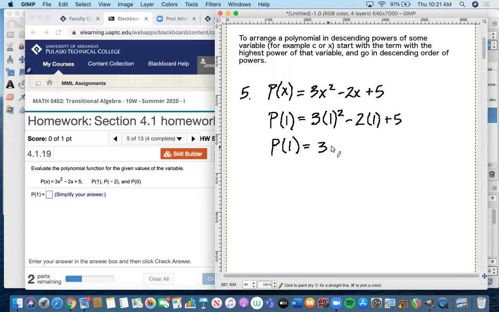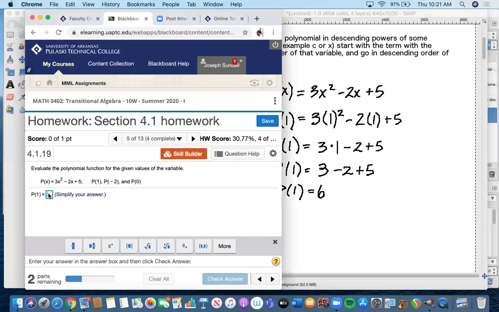This becomes just 3 times 1 minus 2 times 1 is 2 plus 5. So 3 times 1 is 3. So it's 3 minus 2 plus 5. 3 minus 2 is 1. 1 plus 5 is 6. So p of 1 is equal to 6. That's what you'll put right here.